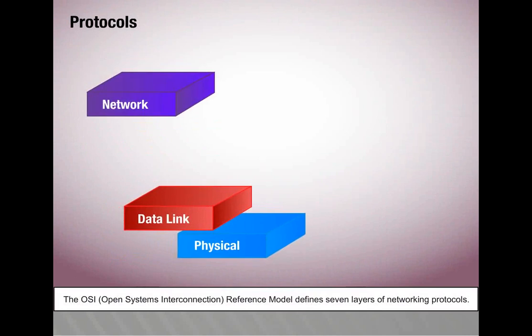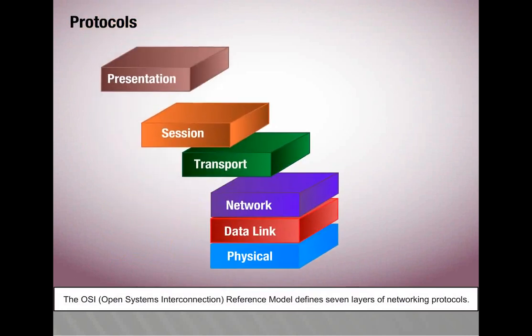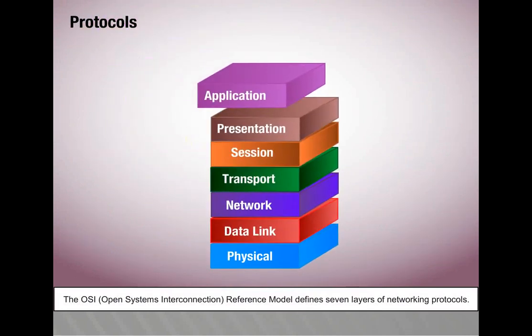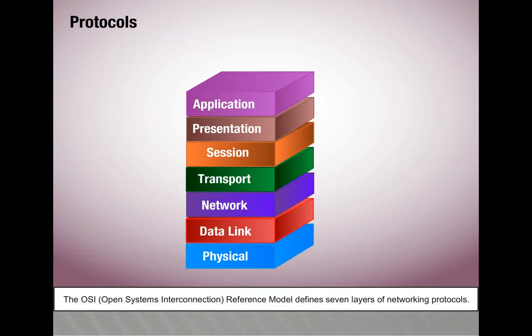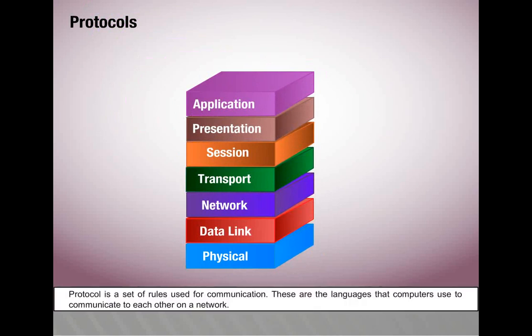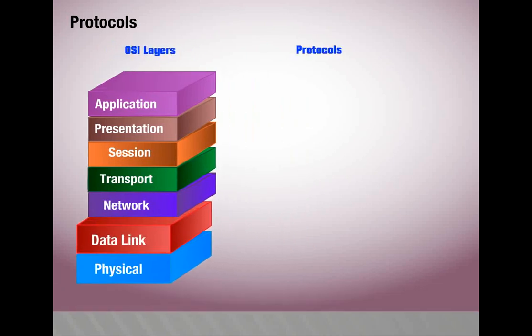Protocols: the OSI, Open Systems Interconnection Reference Model, defines 7 layers of networking protocols. A protocol is a set of rules used for communication. These are the languages that computers use to communicate with each other on a network. Physical layer, data link layer: data link and physical layers have the Ethernet protocol.